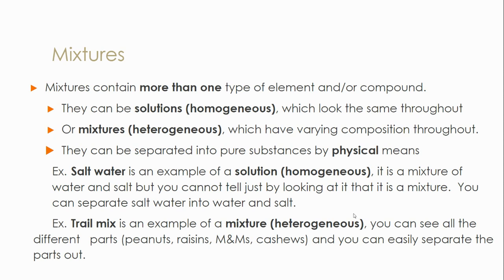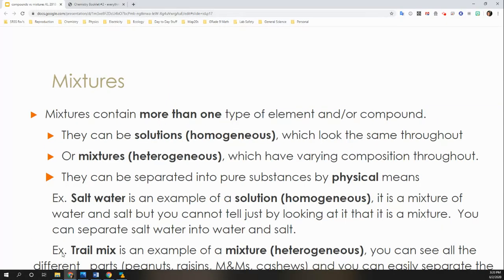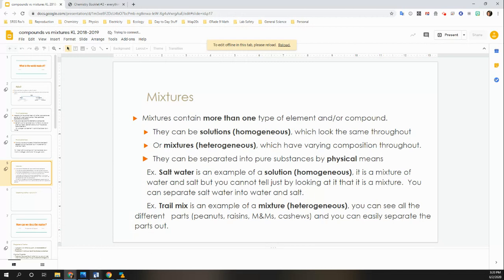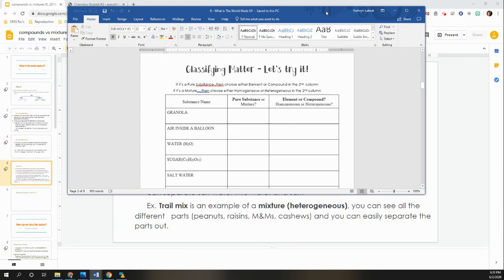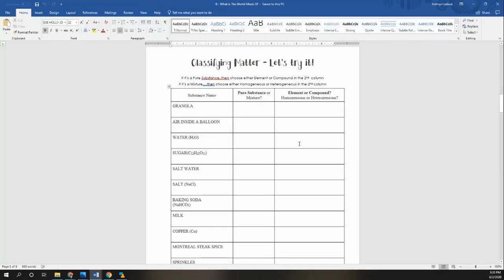Okay, so the next piece that I have for you is I want you to try it out yourself. Let me pull it up here. There you go. So if you turn to the next page, you have this table in front of you.